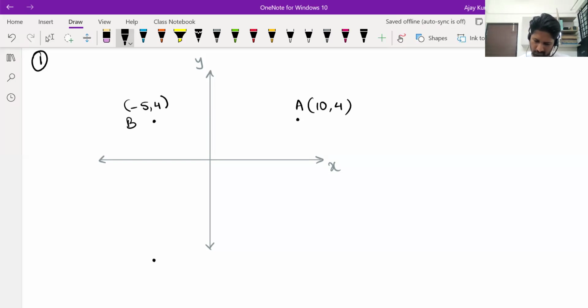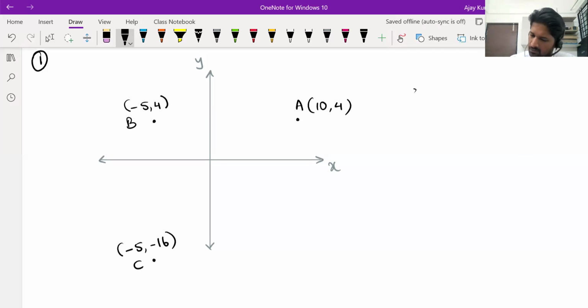Third quadrant, both are supposed to be negative. So x component, let's say -5. Y let it be 16. Okay. Right. So it goes from A to B and then from B to C.